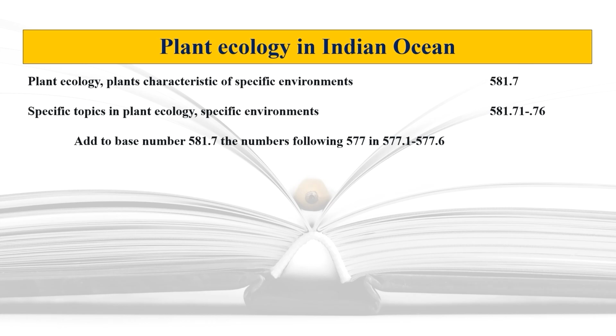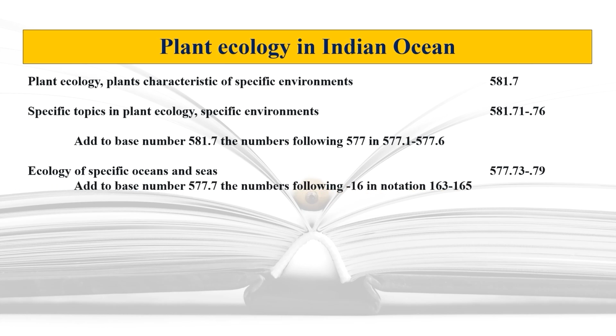Here we will get the number for ecology of specific oceans and seas, 577.73 to .79. Then there is an add instruction: add to the base number 577.7 the number following 16 in the notation 163 to 165. And you know that the area notation comes under table 2. From table 2 we will get the number for Indian Ocean, that is 165.